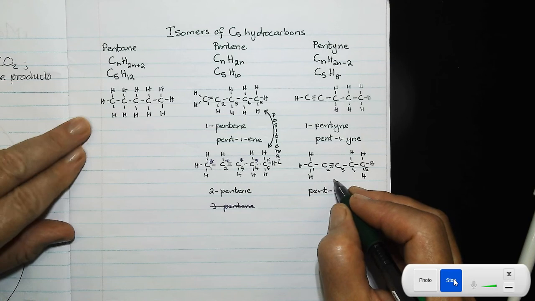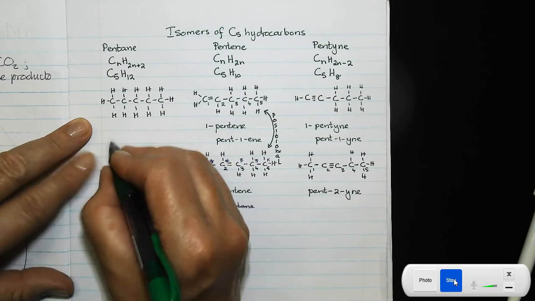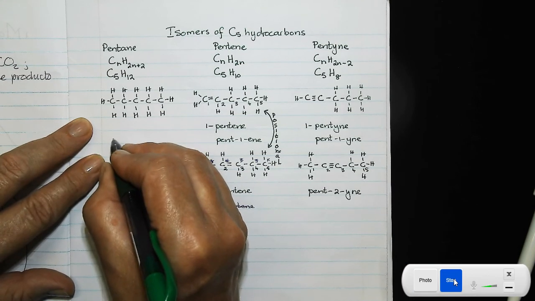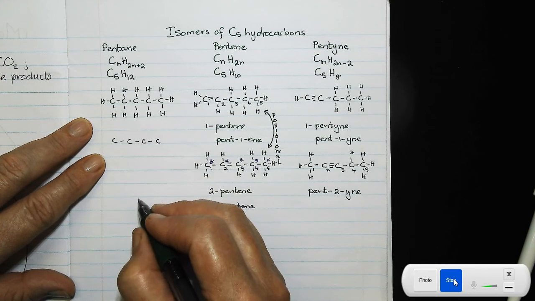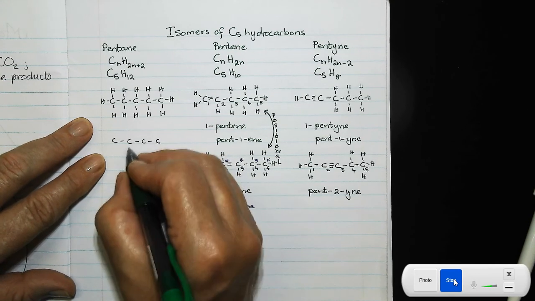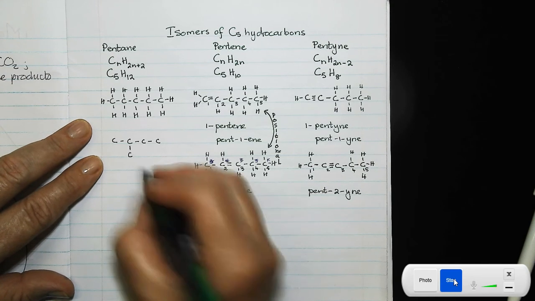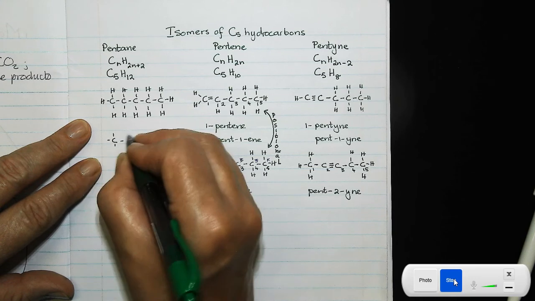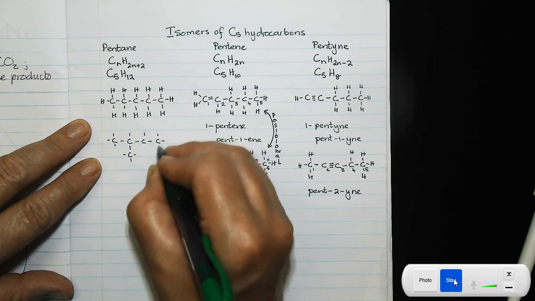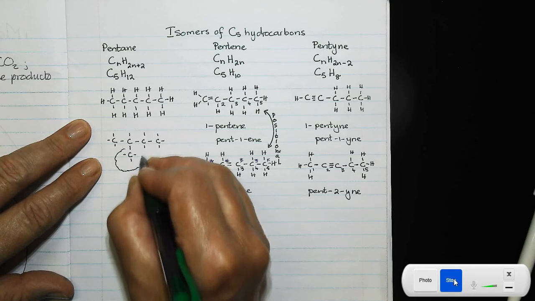I want to move on now to the chain isomers. So for pentane, I'm going to reduce the chain to have 4 carbons in the chain, with the 5th carbon forming a side chain. This is called a methyl side chain, because this group of atoms would have been methane.